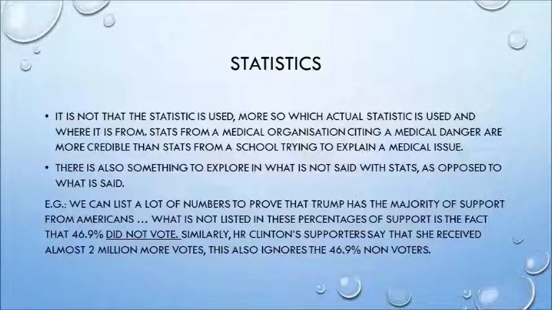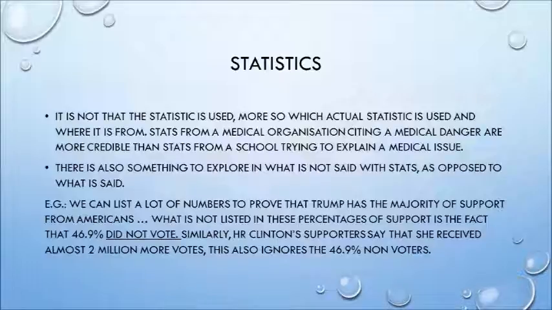If my aim was to make you not want to immunise, I might start quoting from how many people have actually been affected by immunisations, and I choose that data as opposed to the data that shows you how many people have been saved. So it's really important that you look at not just what the statistic is, but what exactly is said by it, what is implied by that particular statistic.